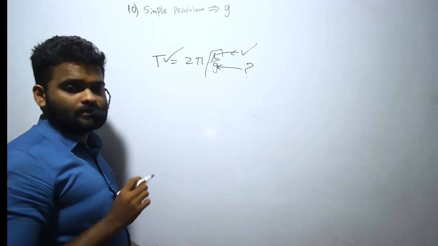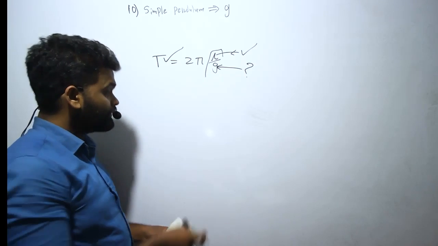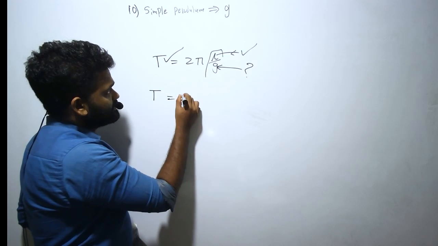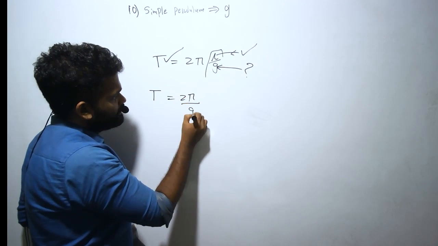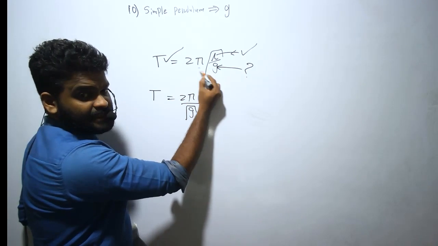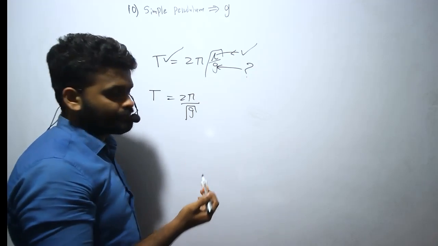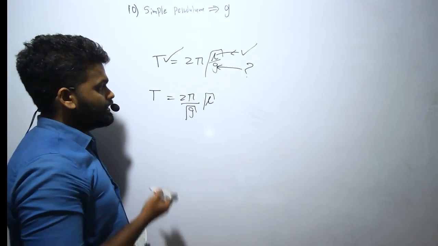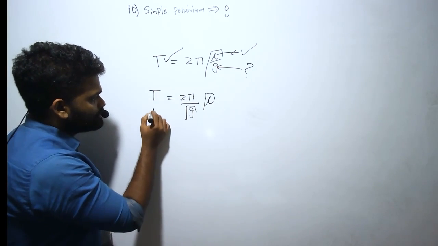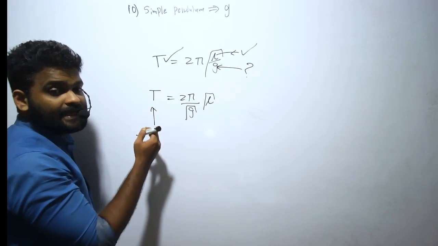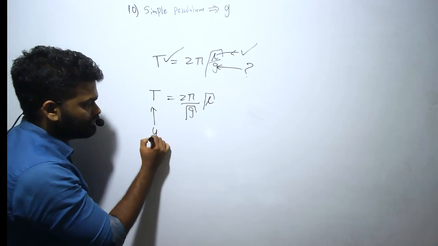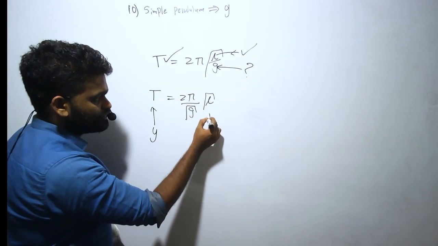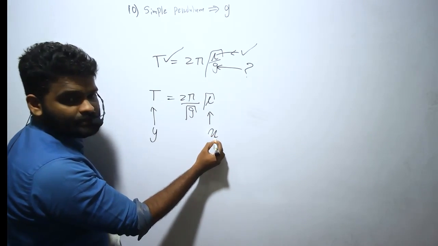There's another important thing that we have to talk about. So this is 2 pi. You can write root g here, and root L here, right? You can choose this value to be the dependent variable, y, and this root L to be the independent variable.